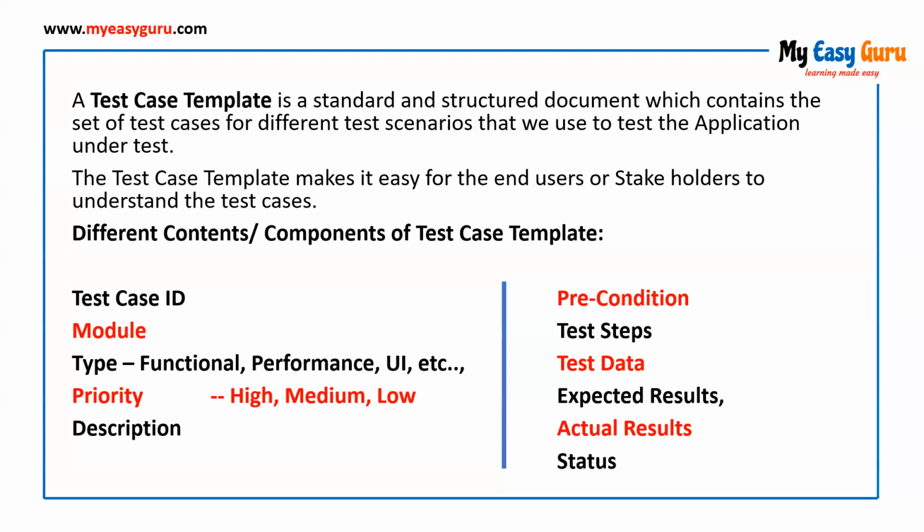There are 3 types of priorities: high, medium, or low. You have to mention whether it is high priority or medium priority or low priority. Then there is description. Then there are preconditions. There are test steps. There is test data. Then what are the expected results and what are the actual results? And then there is status.